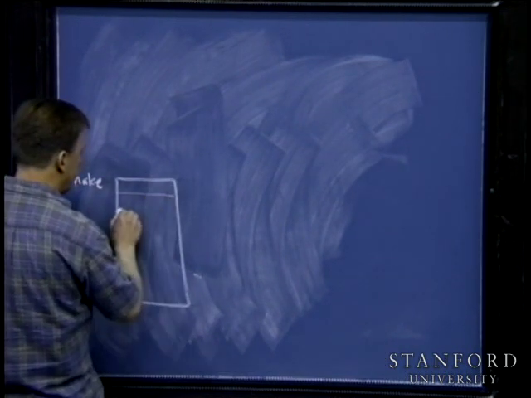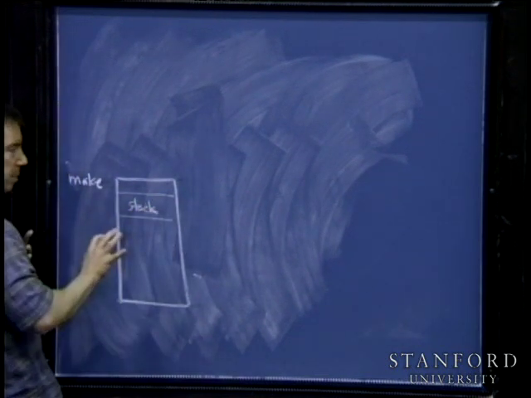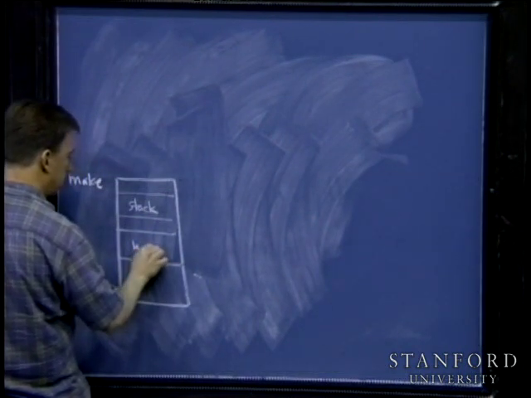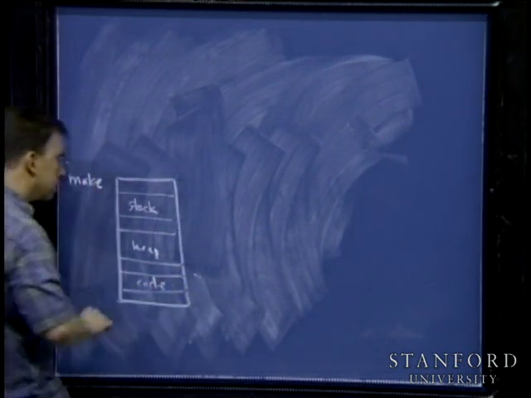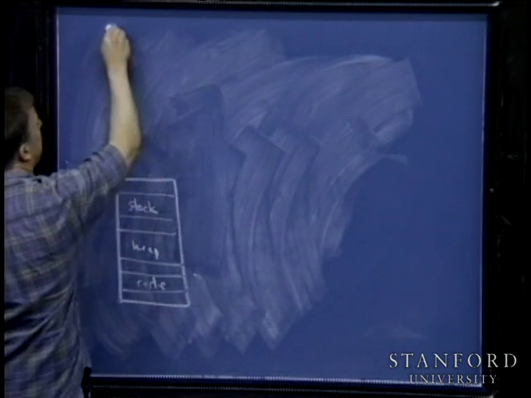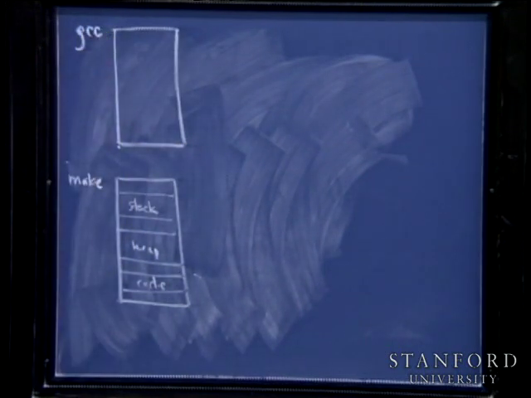This has a stack segment associated with it. All the local variables of the thing that implements make go there. There is the heap. There is a code segment. While make is running, it's probably the case that GCC as an executable is running several times. We'll just talk about a snapshot, a time slice where just one GCC is running.